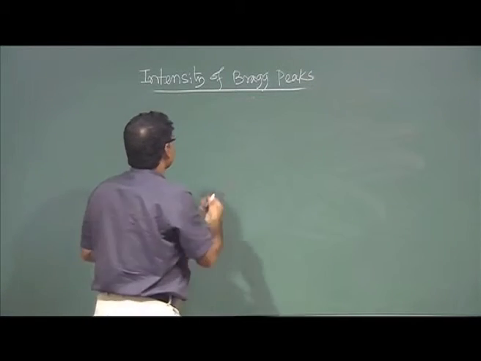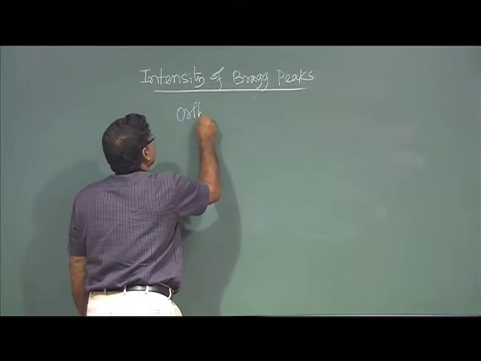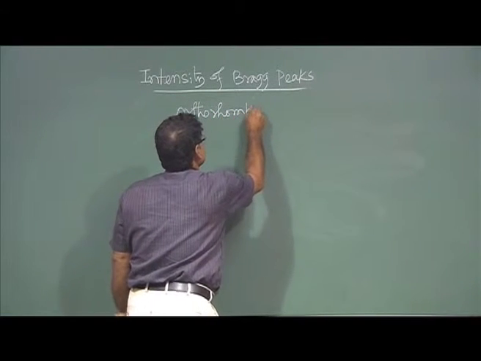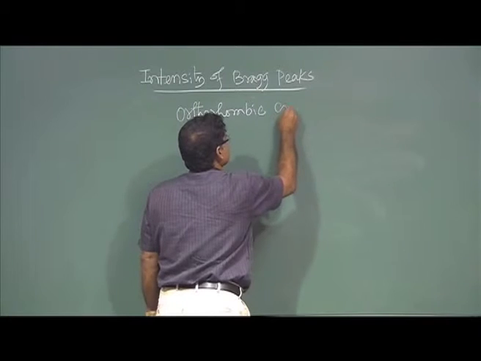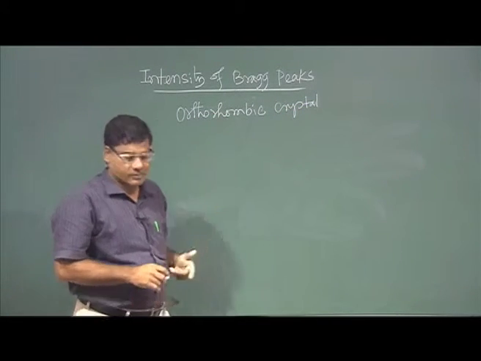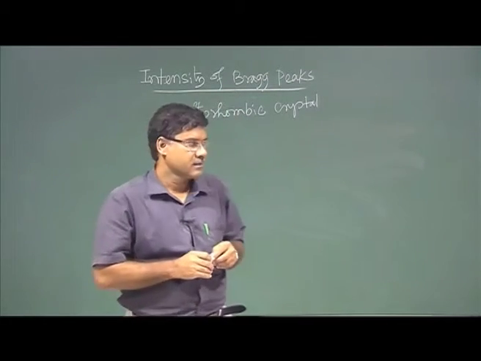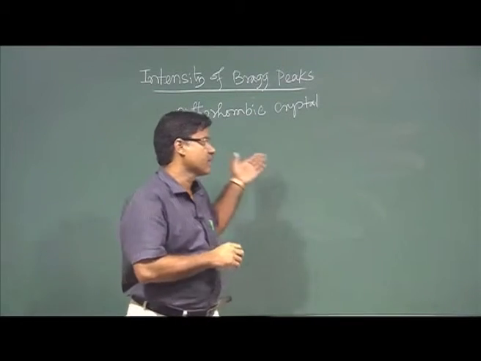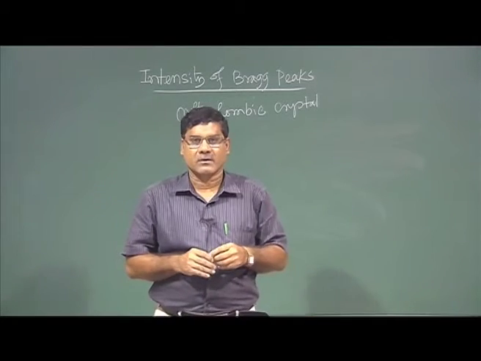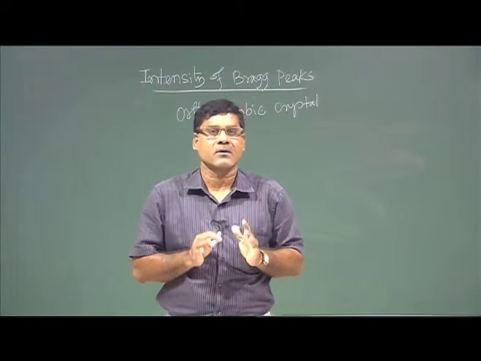If you take just an orthorhombic crystal, it has 4 Bravais lattices: simple orthorhombic, body centered orthorhombic, face centered orthorhombic and base centered orthorhombic.